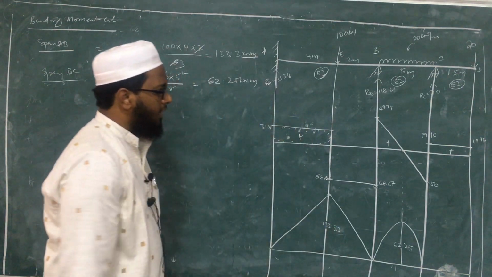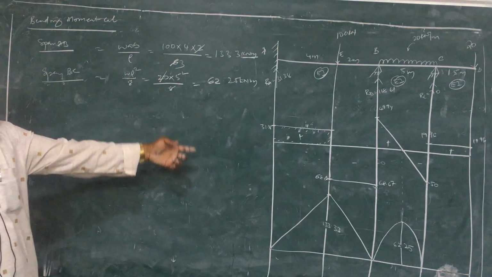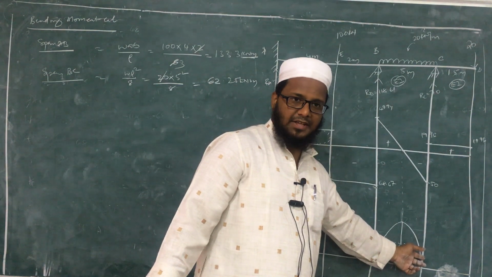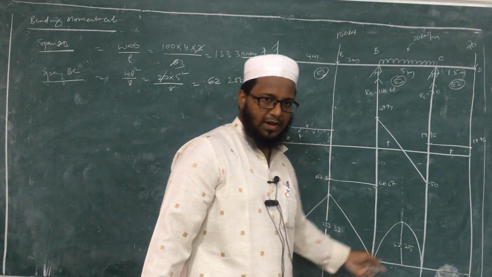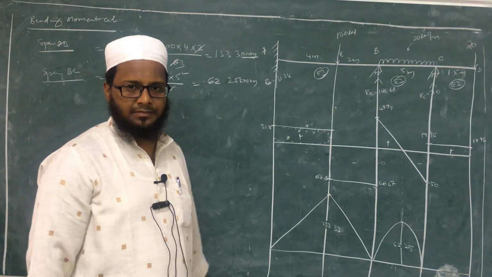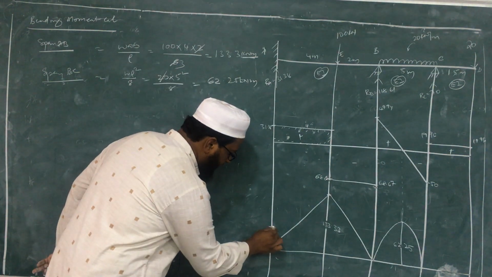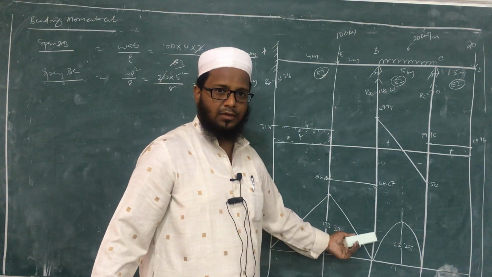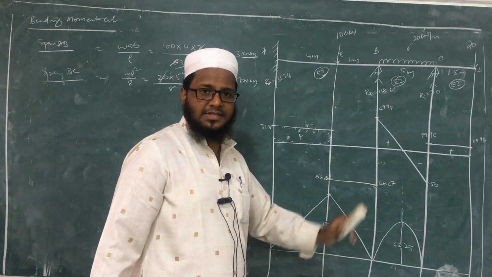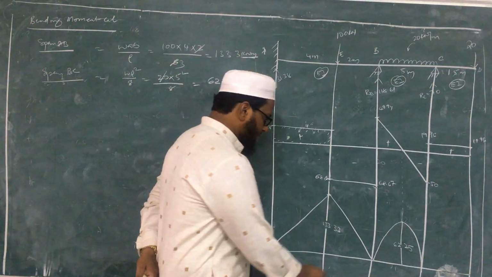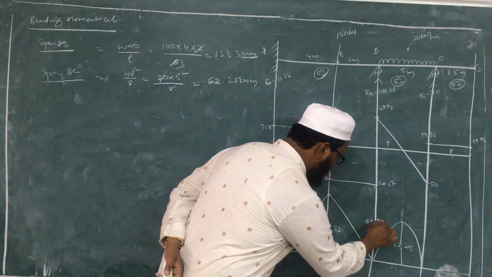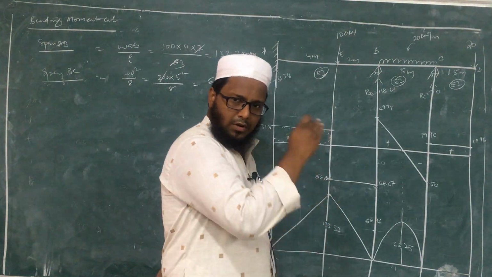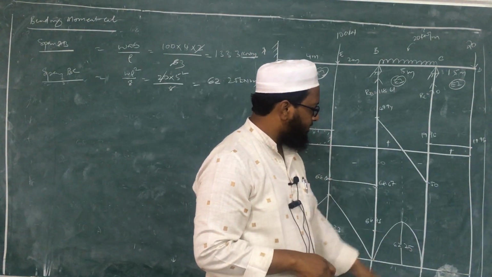This is 133.33. Next, we have the final moments. We have MAB, MBA, MCD and MCB also. What are those values? MAB is 50.27. Next we have MBA and MBC, which is 66.98. Both are almost the same, so no need to go up and down there. What about MCD? 30.